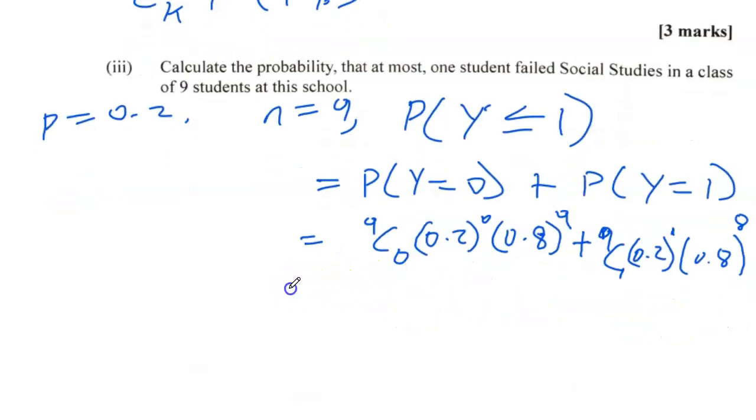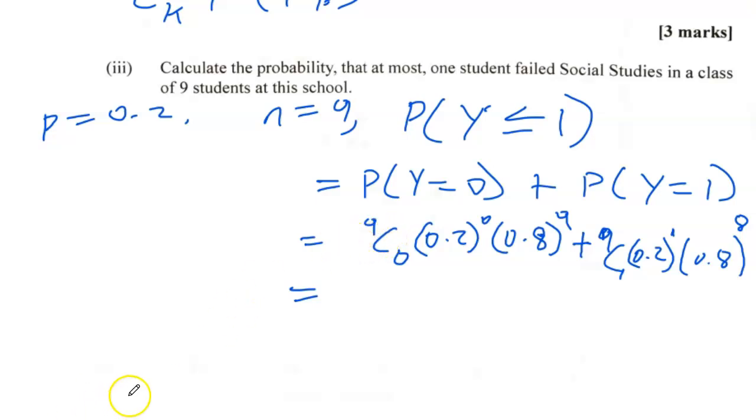Alright, so we end up with 9 choose 0, which is 1. 0.2 to the power of 0 is also 1. So this is really 0.8 to the power of 9.